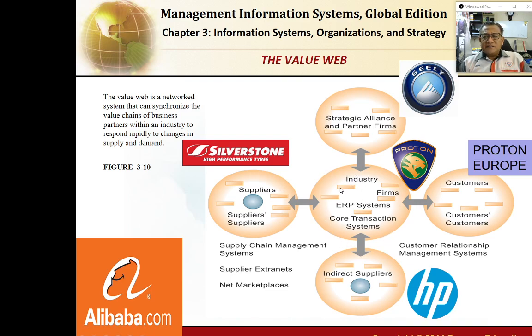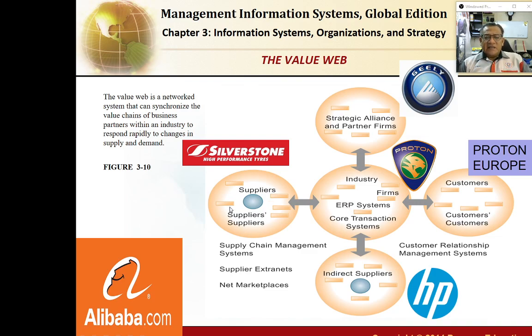The intranet system or computer system at Proton is also linked to suppliers. For example, tire manufacturers like Silverstone, Toyo, Sime Tires, and so on. These suppliers also have their intranet system, and Silverstone's intranet system is interconnected or linked to Proton's intranet system, perhaps in the form of ERP or supply chain management enterprise software.